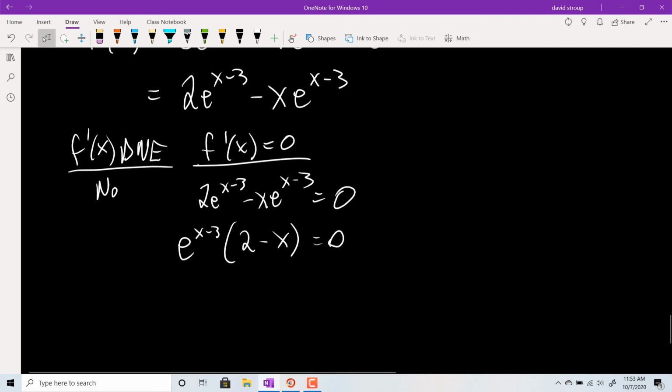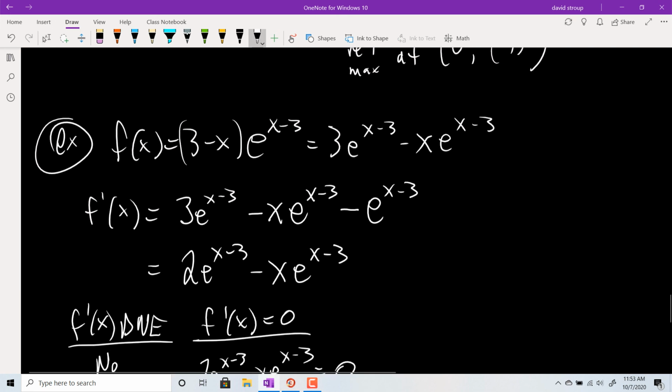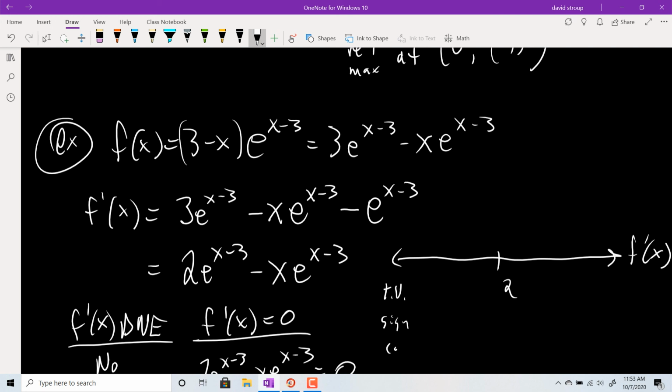That exponential part will never be 0, but the 2 minus x can be, so I'll just write 2 minus x equals 0, and then x equals 2. So our only critical number is at 2. And then I need to do my test values and all that good stuff. So my test value, my sign, my conclusion, and I'll do that in red.